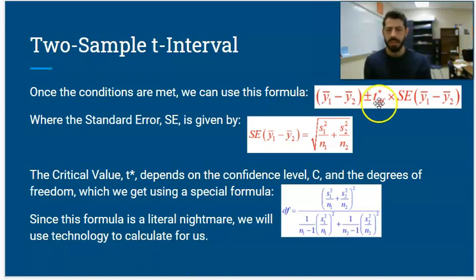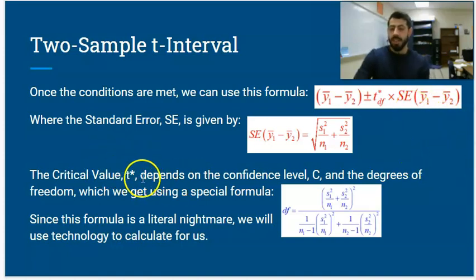So the formula essentially would just look like this: sample mean 1 minus sample mean 2 plus or minus critical t times the square root of s1 squared over n1 plus s2 squared over n2, all underneath the square root.